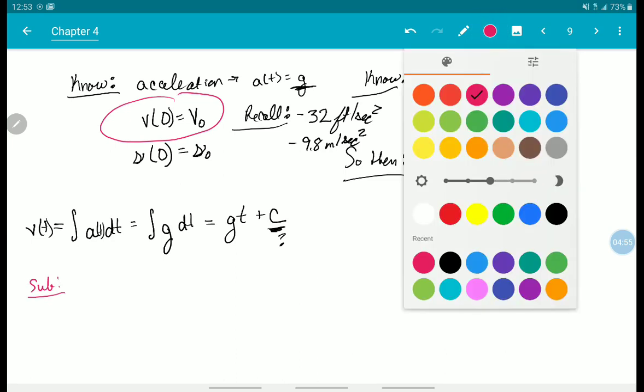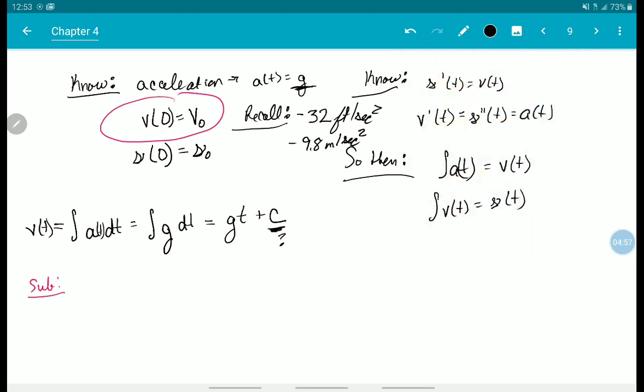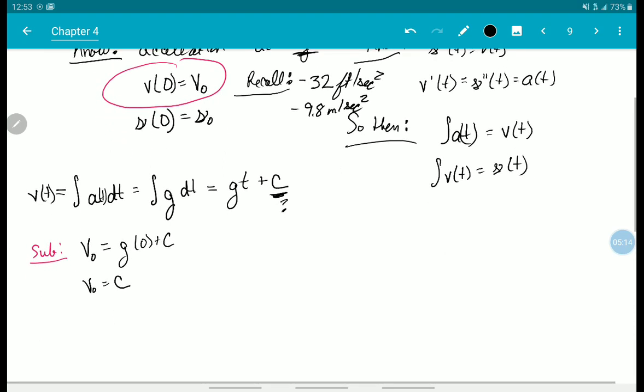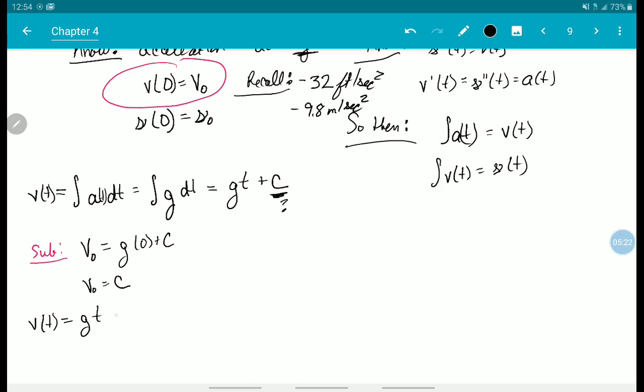Then our velocity was V sub 0, and we're plugging 0 in for that t. So then our V naught is equal to C. So then our velocity equation is GT plus V naught.